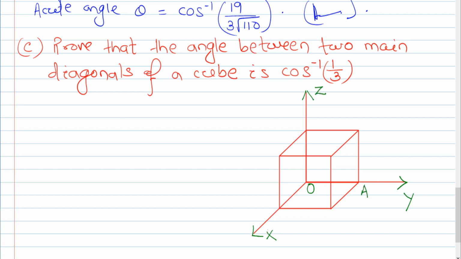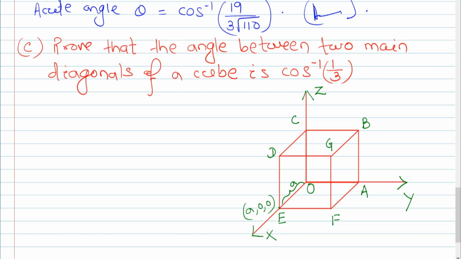Suppose O, A, B, C, D, E, F and G. You see what the coordinates are? Suppose the length of the side of the cube is A. That means this one lies on the x-axis, so this coordinate should be A, 0, 0. That is the coordinate of E.